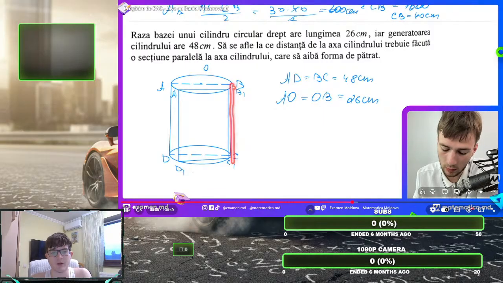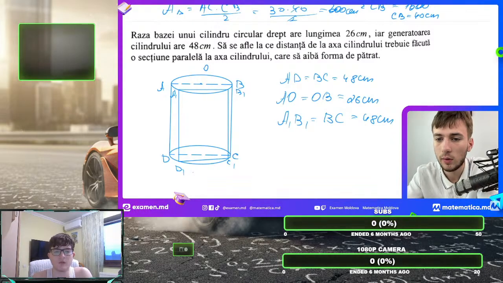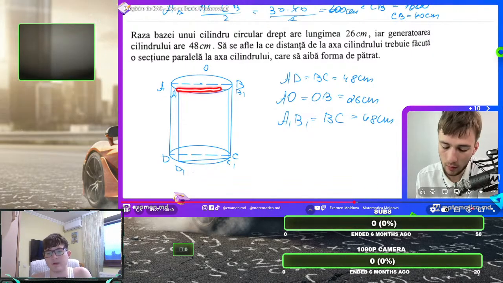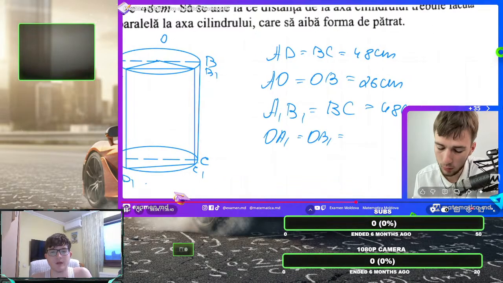So it's like a semi-square, I don't know. A1, B1, it's BC and it's 48. Y, I don't really know. We can pop a triangle like that.